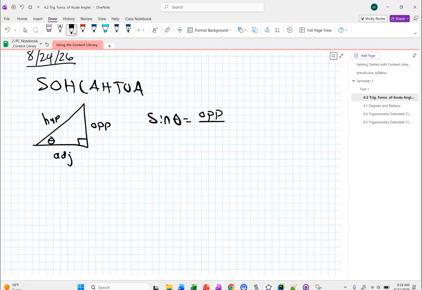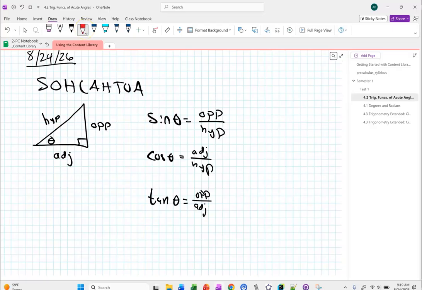So we can say that sine is opposite over hypotenuse, cosine is adjacent over hypotenuse, and tangent is opposite over adjacent, right? And we talked about how those labels of opposite and adjacent are always relative to the angle that we're looking at, right? So if we're looking at the other acute angle inside of our right triangle, opposite and adjacent flip, but hypotenuse stays the same. Everybody's okay with this?